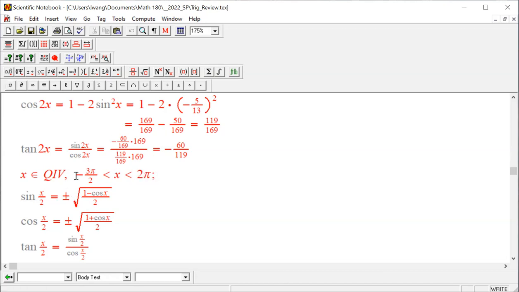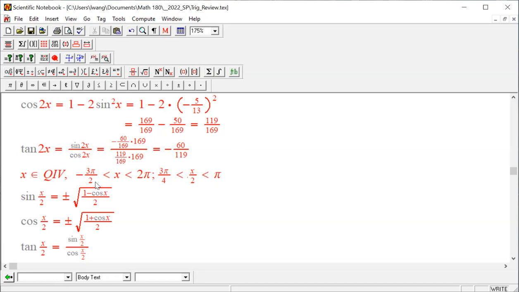If this is the case, we're going to divide all 3 sides by 2. 2π divided by 2, we get pi, right? So this is pi. 3π/2 divided by 2, that's going to be 3π/4. Oops, it's a positive, sorry.